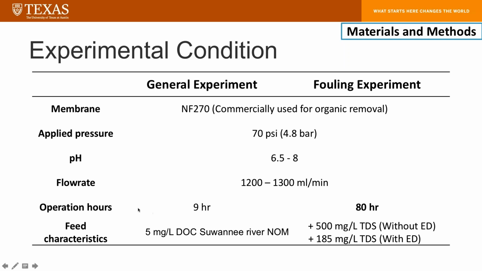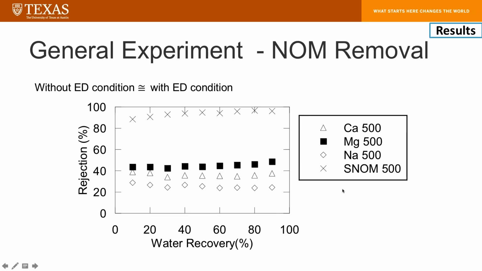The operation time for the general experiment was 9 hours, and for the fouling experiment 80 hours. For the feed characteristics, I used 5 milligrams per liter DOC Swan River NOM, and TDS of 500 milligrams per liter, which indicates the without ED condition, and 185 milligrams per liter, which indicates the with ED condition.